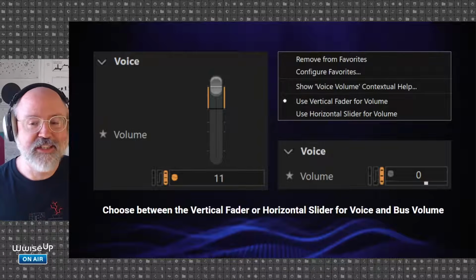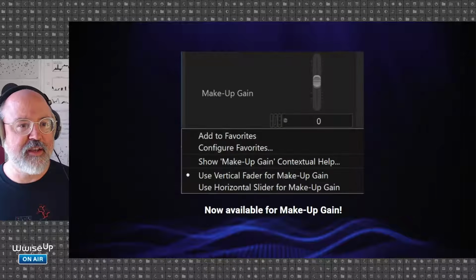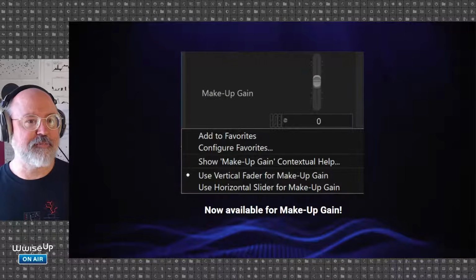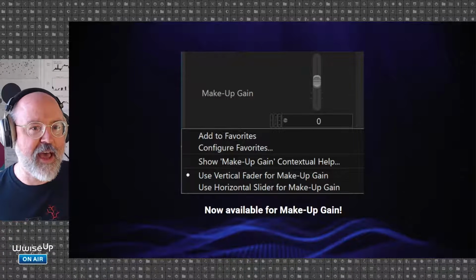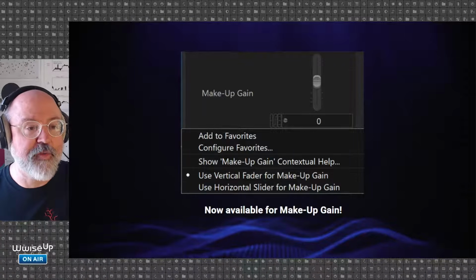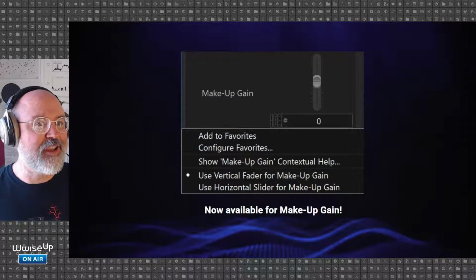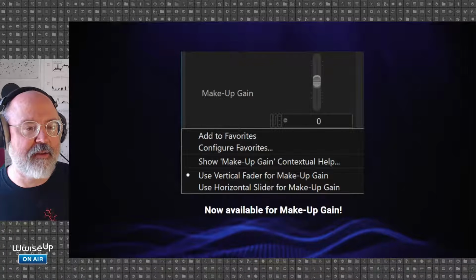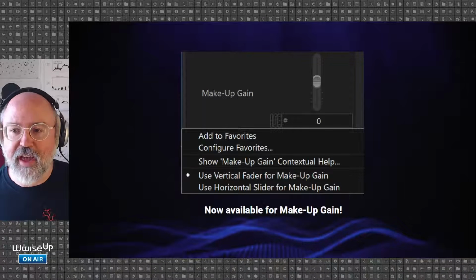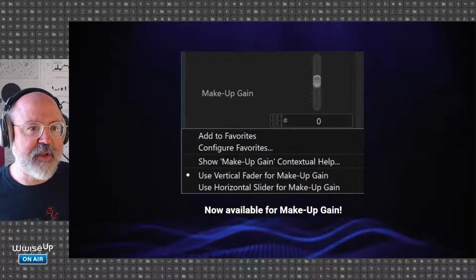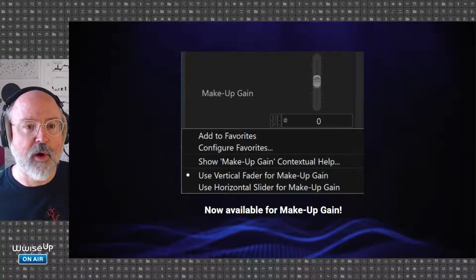So you could decide whether you wanted that fader right there in the new property editor or not. And excited to say that as part of the 25.1.6 release, we've also added that to makeup gains. So if you're out there working with HDR audio in Wwise and you love having that makeup gain as a fader within reach, you can now toggle that on and get that visual definition back for the parts of the user interface that you reach for.